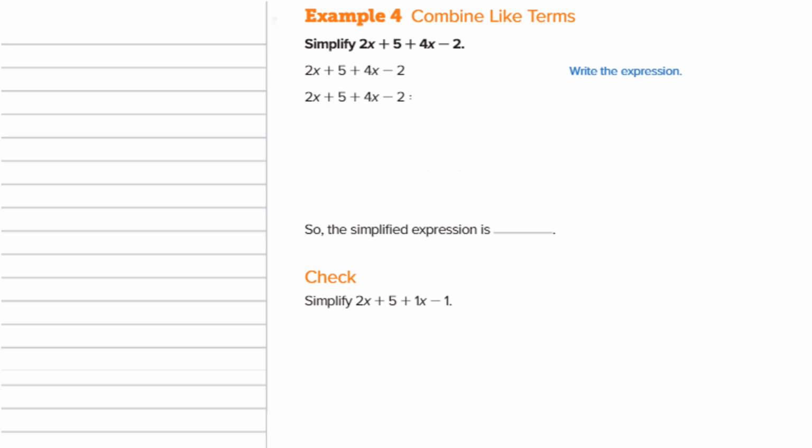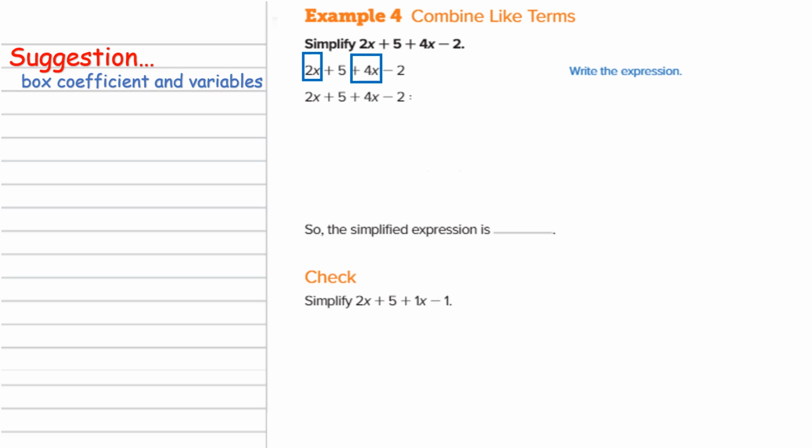So it says to simplify 2x plus 5 plus 4x minus 2. All right, so the first thing I want to do is write it. And then I want to do my commutative property and join them together. I would suggest that you box in your coefficients and variables so you know which ones go together.